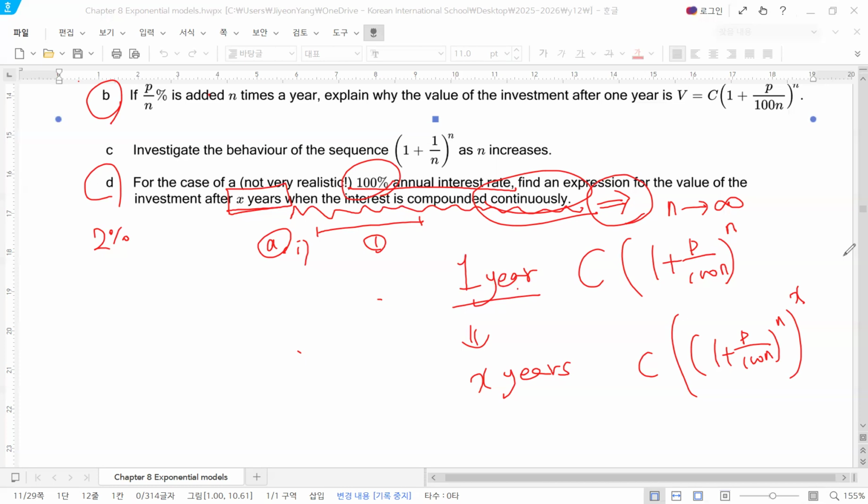So how many times? Yeah, 3n times. If X years, then it's (1 + P/100n) to the power of n times X. 1 year, 2 years, 3 years, after X years. Students, can you see that?